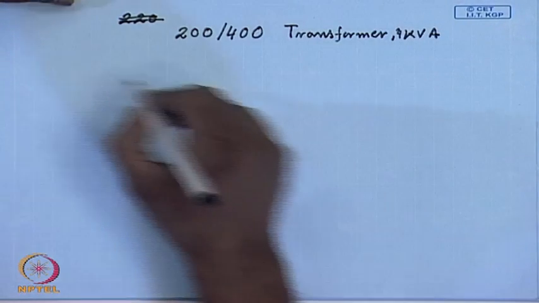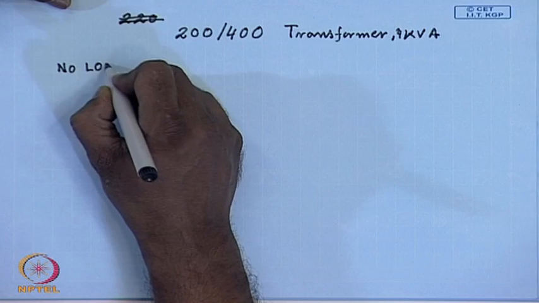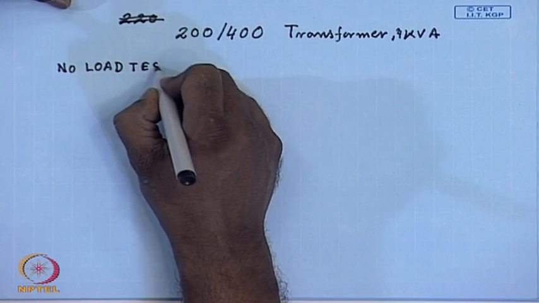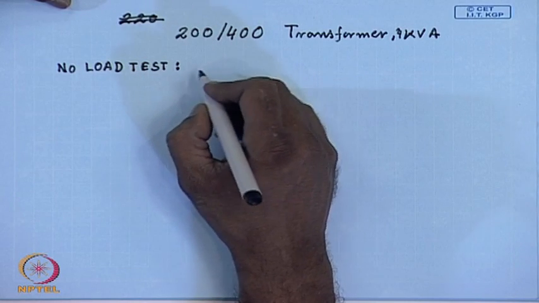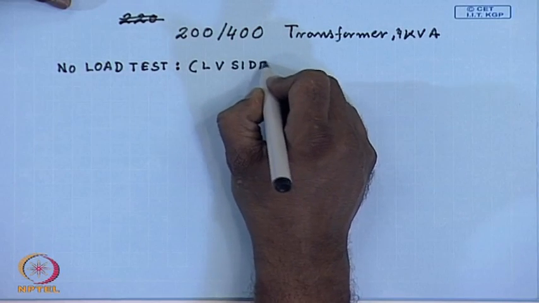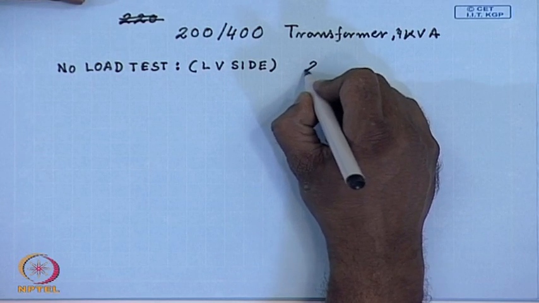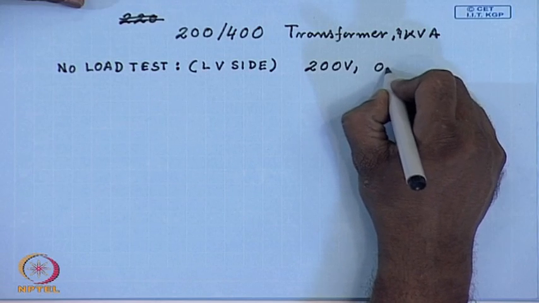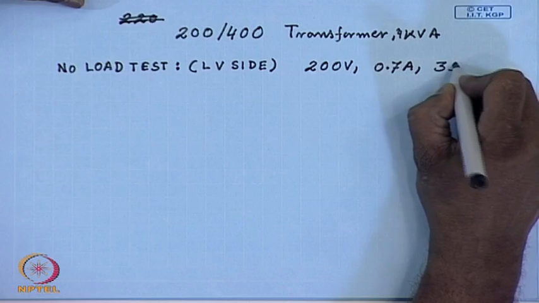Let us say the no load test data of this transformer, no load test is of course done on the LV side. The test data is voltage reading is 200 volt, since rated voltage is to be applied. The current drawn is 0.7 ampere and the wattmeter reading is 35 watts.